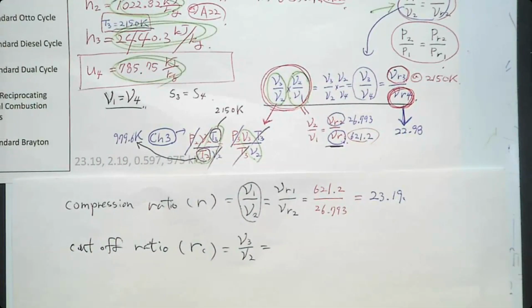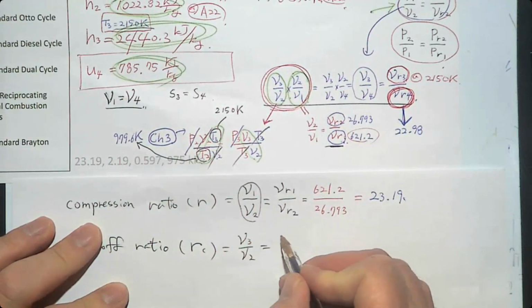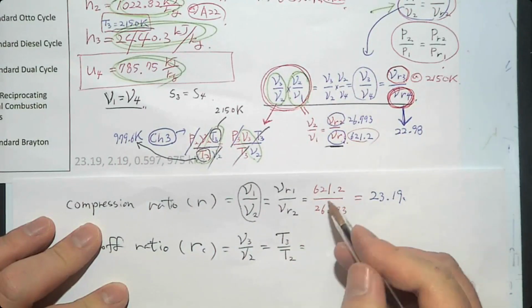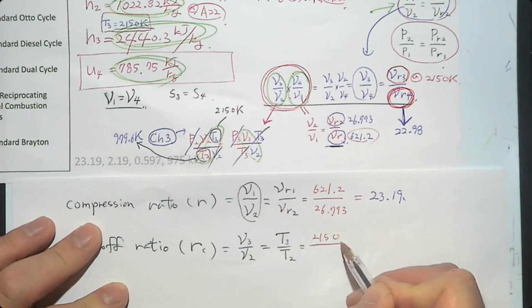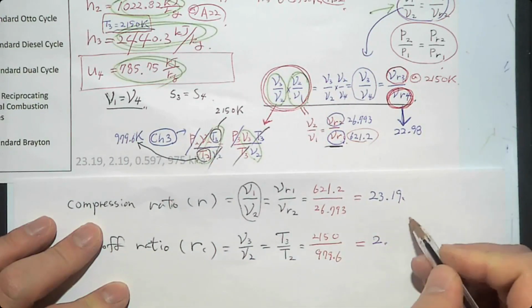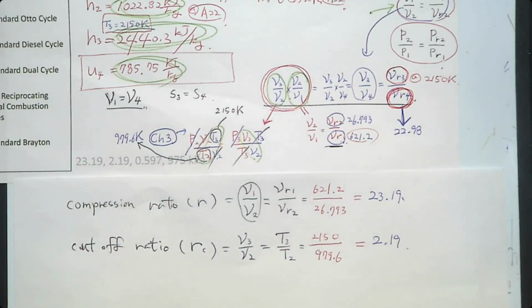We already found them. And T3 is given, and we already found T2, which is 979. So we can determine VR of V3 over V2 simply by T3 over T2. This is 2150 divided by 979.6. So you get 2.19. That's the cutoff ratio.